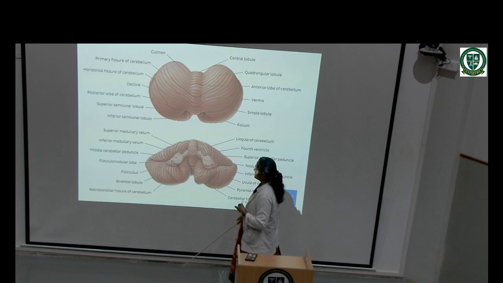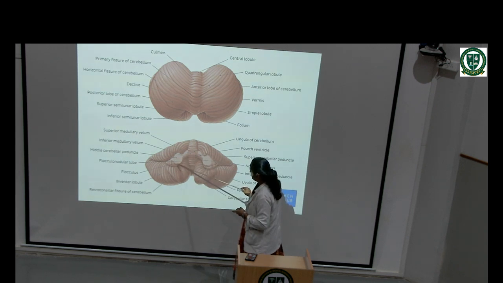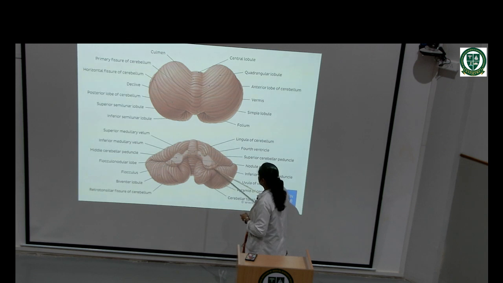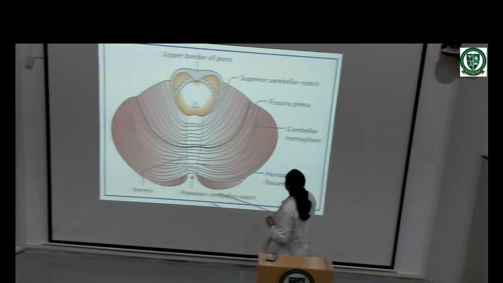Now, two other fissures can be seen here. The first is the posterolateral fissure. This separates the inferior surface of the cerebellum from a separate node called the flocculonodular lobe. The second fissure is on the superior surface of the cerebellum.